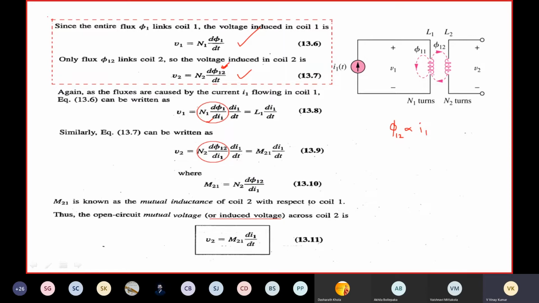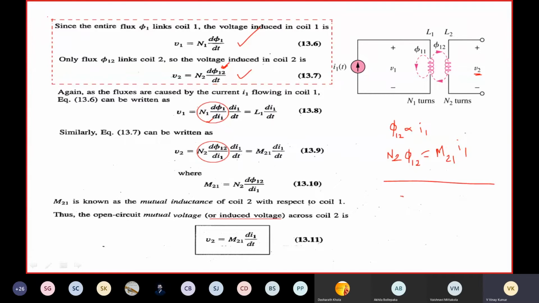If I1 is increasing, phi 1 2 will be increasing, right? Because of this flux, V2 is the induced EMF, that is mutual induced EMF. So let me write the induced EMF in coil 2: N2 phi 1 2, which will be equal to M21 into I1.